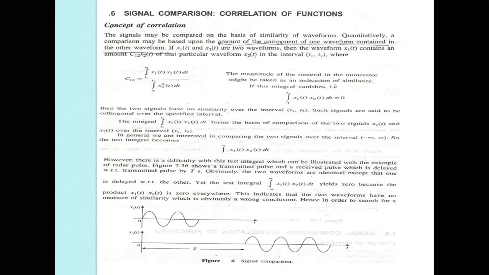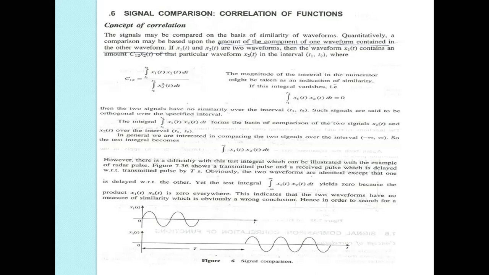But to compare the two signals over the interval of minus infinity to infinity, the test integral becomes the integral from minus infinity to infinity of x1 of t and x2 of t. However, there is a difficulty with the test integral, which can be illustrated with the example of a radar pulse: a transmitted pulse and a received pulse, which is delayed with respect to the transmitted one. Identical functions are received, but with some delay at the receiver side.